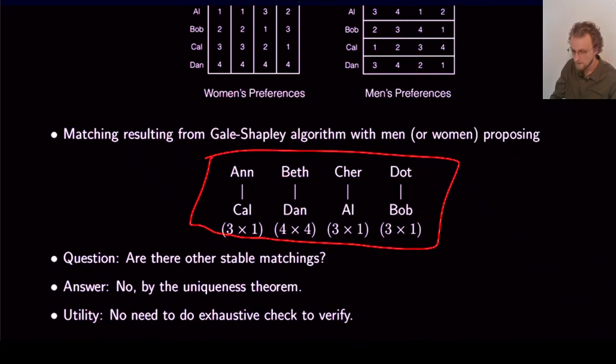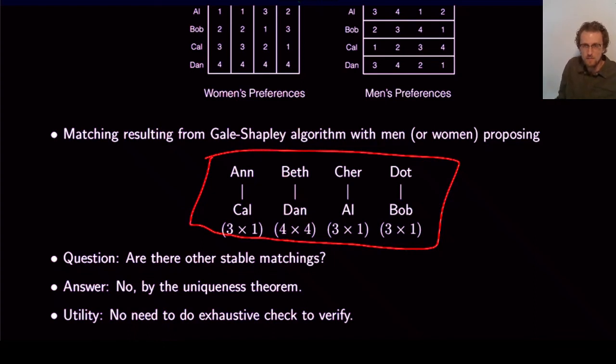Okay. And so one of the nice things here is that if you're looking for all stable matchings, if you're interested in understanding whether there are more, this can be a certificate that there are not more, that there's only one. Now, if you run the Gale-Shapley algorithm twice, once from one direction and once from the other, and you get two different answers, then that doesn't tell you anything. All that tells you is that there's more than one, and there could be many, many more.